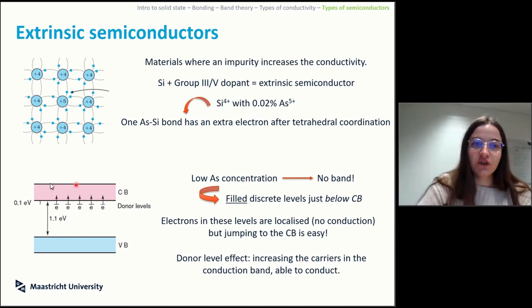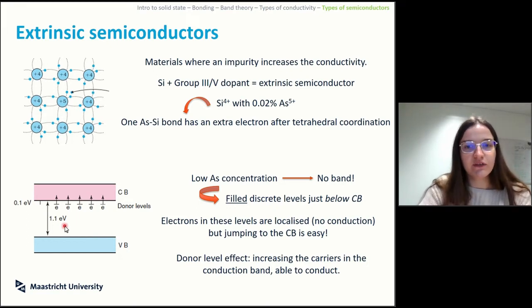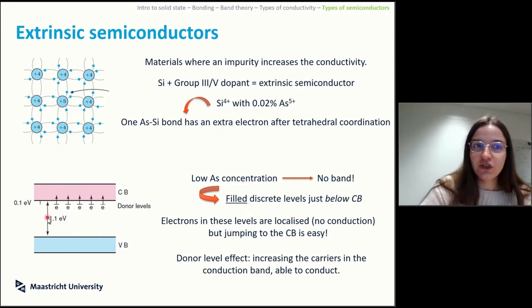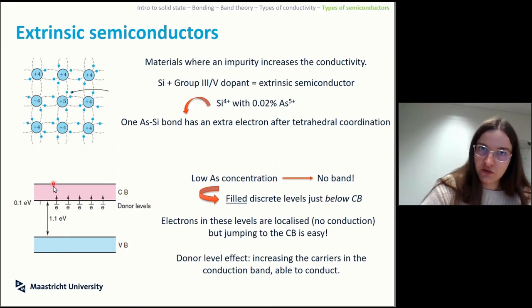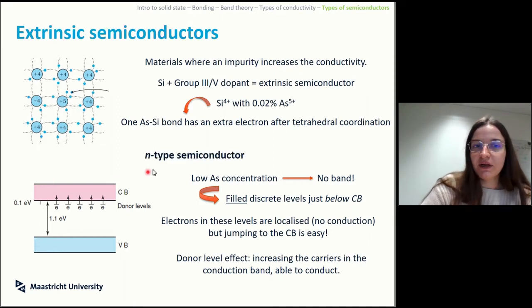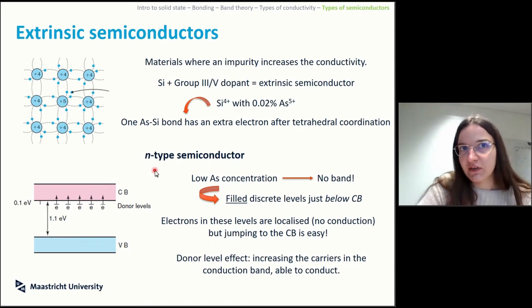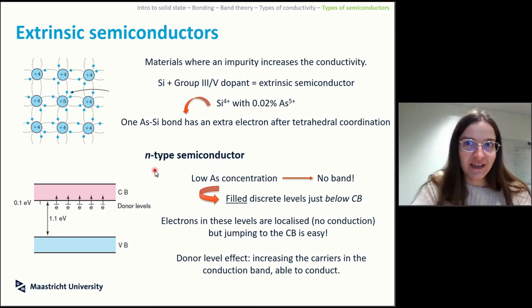Yeah? So the donor level effect is increasing the carriers in the conduction band and makes the material able to conduct even when the energy is too low for electrons to go from the valence to the conduction band. This is what we called an n-type semiconductor. Why n? Because the electron is negatively charged.